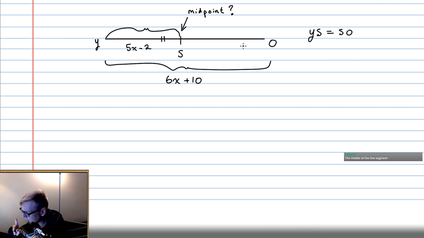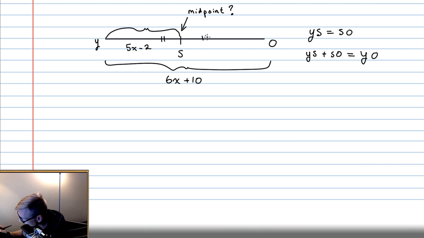And we know that YS plus SO is equal to YO. Did you see that? Because this line segment is equal to this line segment, and it adds together to be the whole line segment.